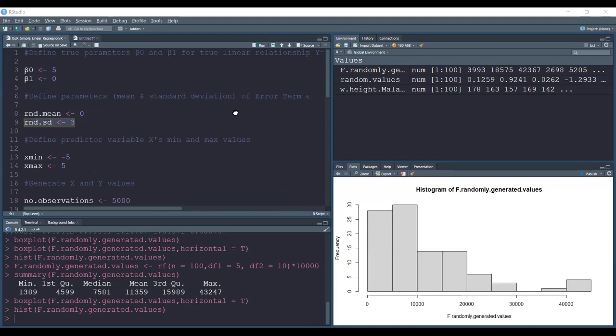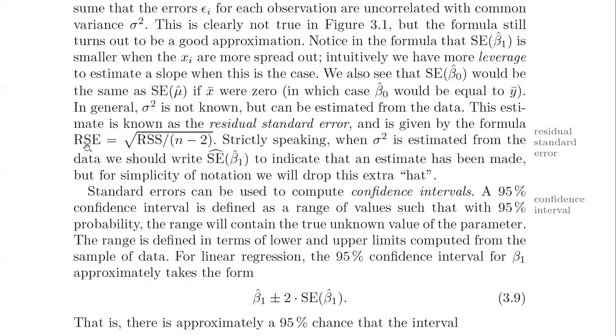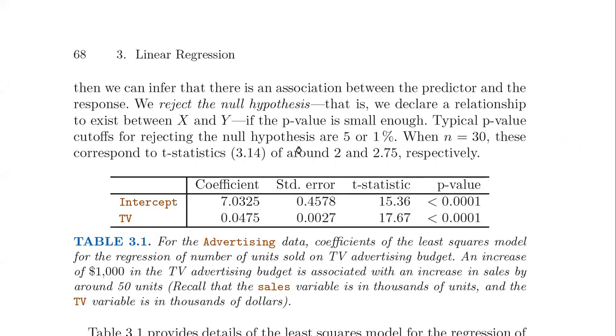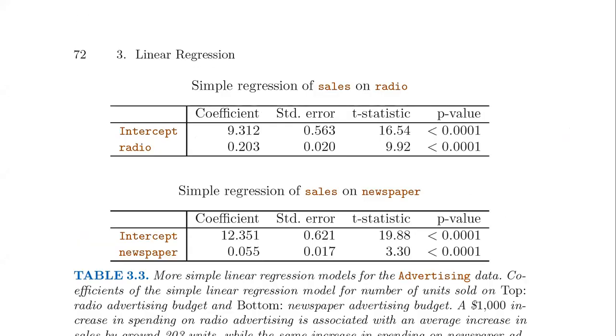So instead, we estimate sigma using the residual standard error. It's trying to capture the variability in your error term. And that's defined as the residual sum of squares divided by n minus 2, square root everything. So that's your residual standard error.